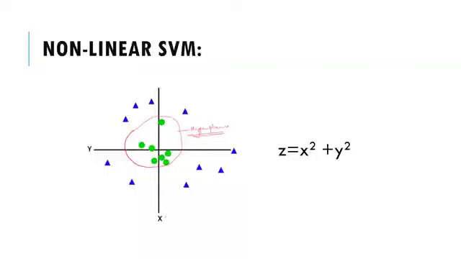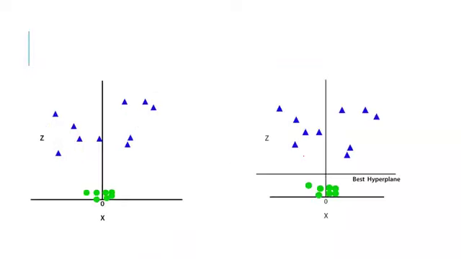Currently this data has been plotted between X and Y. Now a new variable will be calculated, which is Z equal to X square plus Y square. Now if this data is plotted between X and Z, the data would look like this.